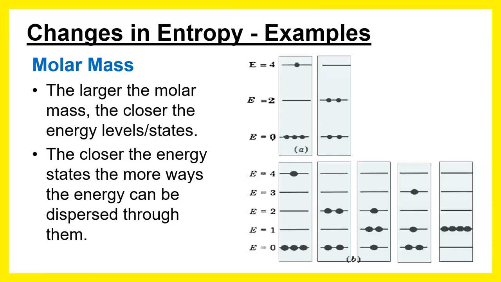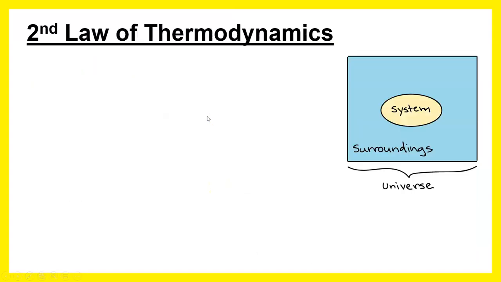Moving on a little bit, let's take a bigger look at entropy. Let's zoom out for a minute, way out, and think about the entropy of the universe for a second. So when we're doing reactions, we always tend to think about the system and surroundings from a small perspective, like the chemicals inside the beaker.